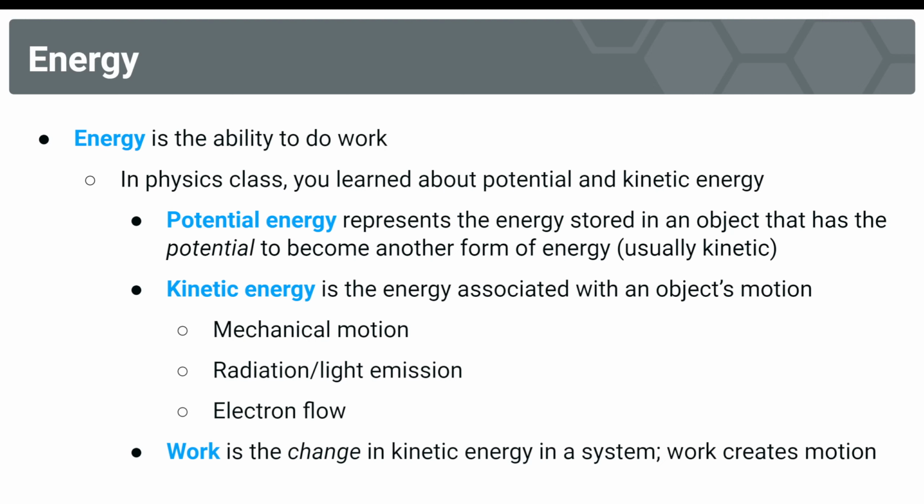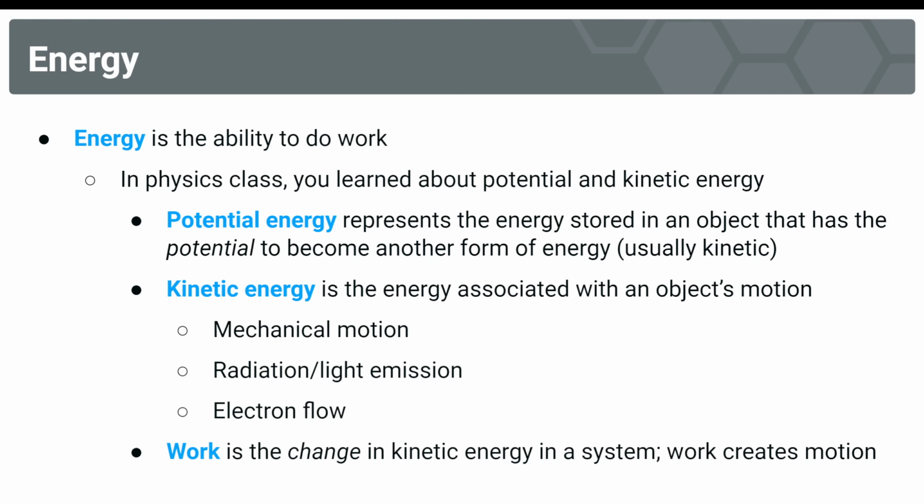Take, for example, mechanical motion, wheels turning on a car. We have radiation or light emission. This would be the movement of photons coming out of a light bulb. We have electron flow, the movement of electrons to generate electricity, which we're going to cover in a little bit.